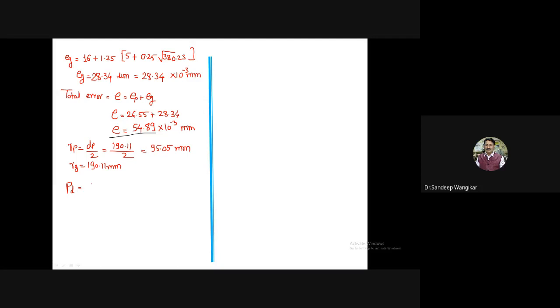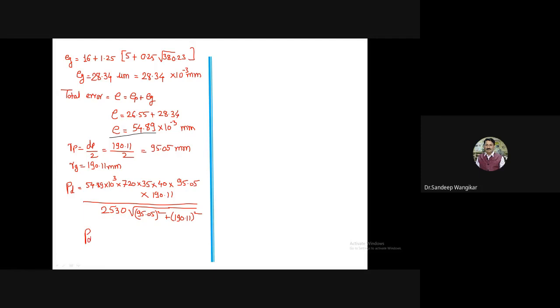PD is equal to e, NP, ZP. Now the error E, 54.89 into 10 raised to minus 3, NP 720, ZP number of teeth on pinion, B, R1, R2, divided by 2530 under root of 95.05 square, RP square plus RG square.